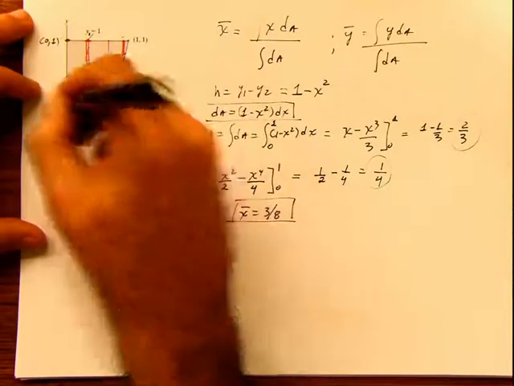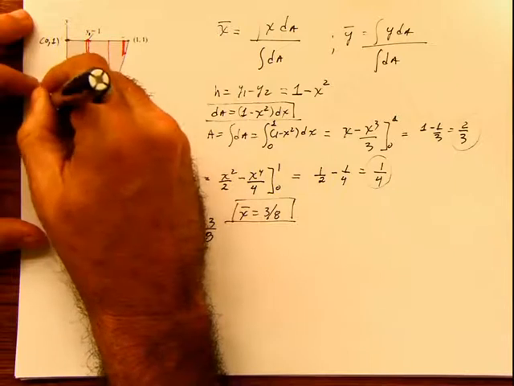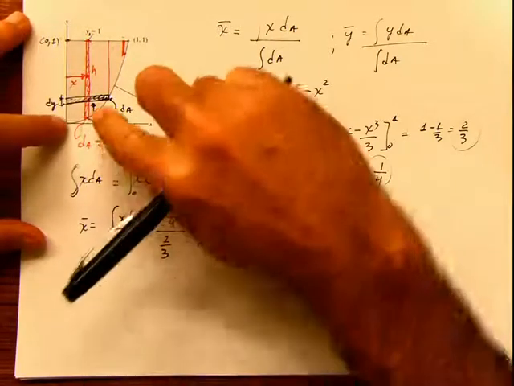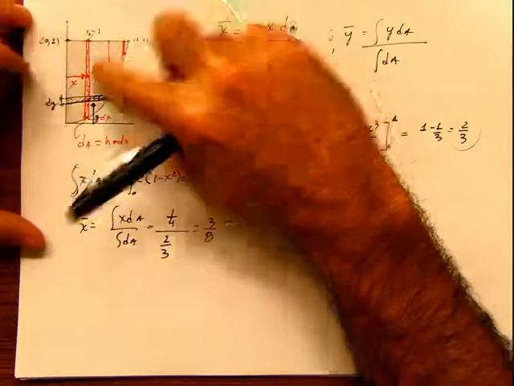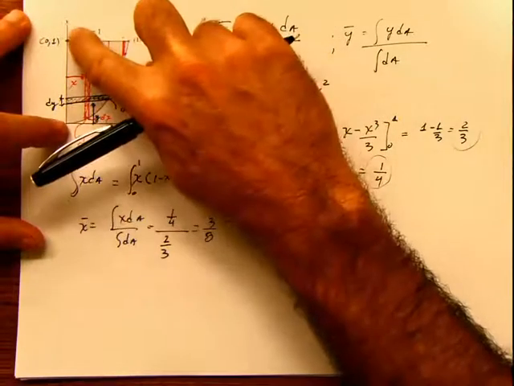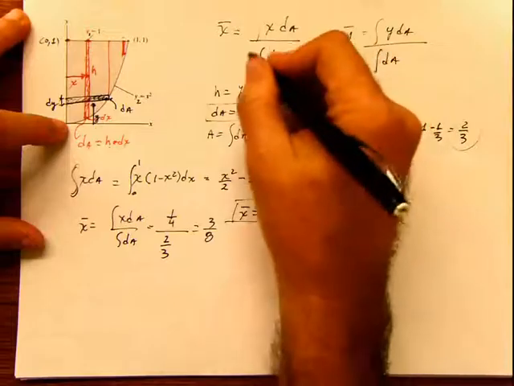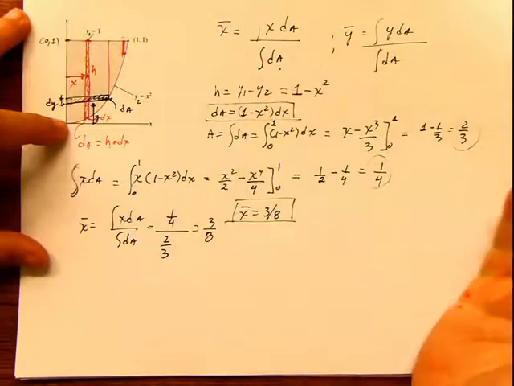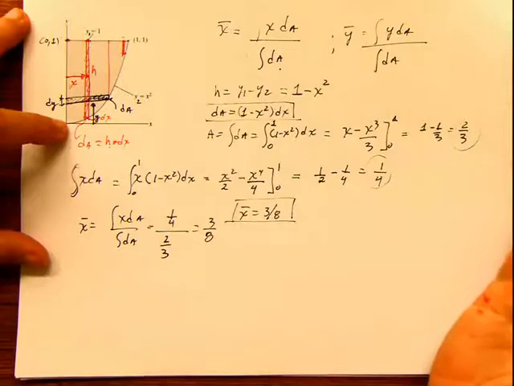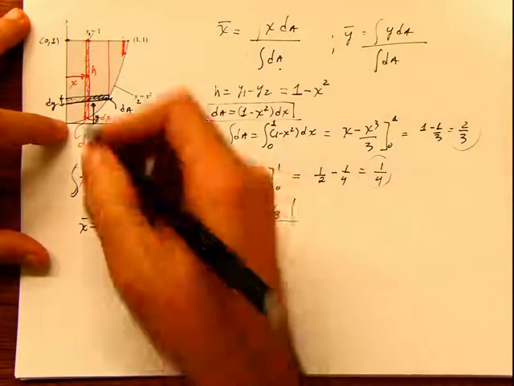This is going to be my dA. Of course, this distance is going to be dy, and this shape is changing from this value up to this value, meaning from 0 to 1 in the y direction. So the integral of dA, I don't have to do it again because I already did it. The area is the area. It doesn't matter in what way I measure it, in what way I try to define it.